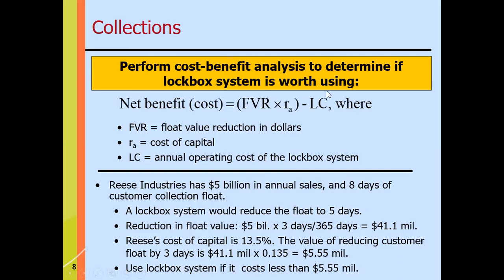So that's our FVR times R sub A. If we analyze, we are going to employ the lockbox system if the LC is less than that, because that would result in a net benefit. So if we have a positive result, then we are going to apply the lockbox system.